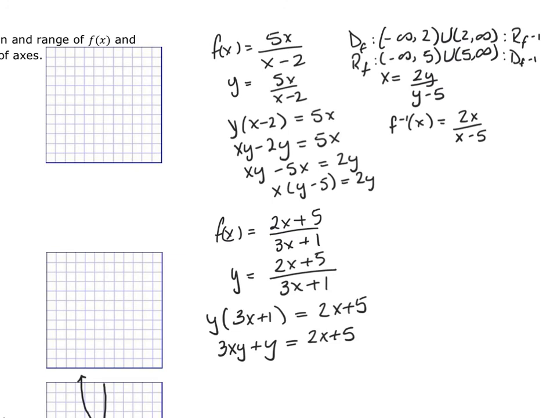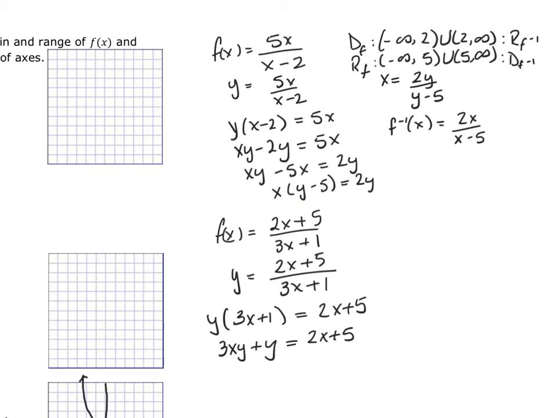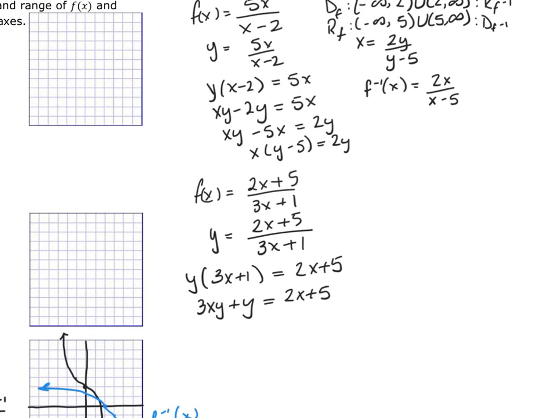As before, whenever I have x's to one side, non-x's to the other, so I'm going to bring that 2x to the left and the y to the right. So 3xy minus 2x is equal to 5 minus y. On the left-hand side, I'm going to go ahead and factor out an x, giving me 3y minus 2 is equal to 5 minus y.